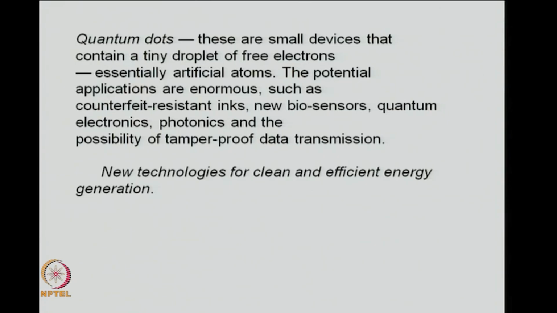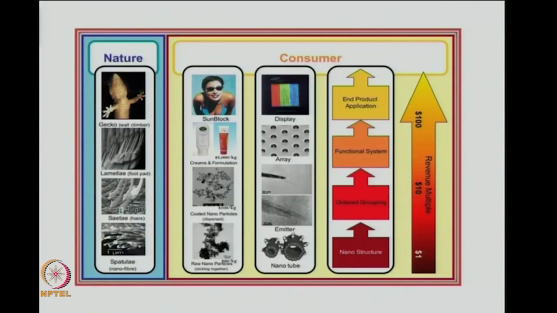So, as you see, the quantum dots could be used for several applications in biosensing, quantum electronics, photonics, and clean and efficient energy generation. So, if we look around us, we will see man-made objects like consumer products based on nanomaterials and nanotechnology.